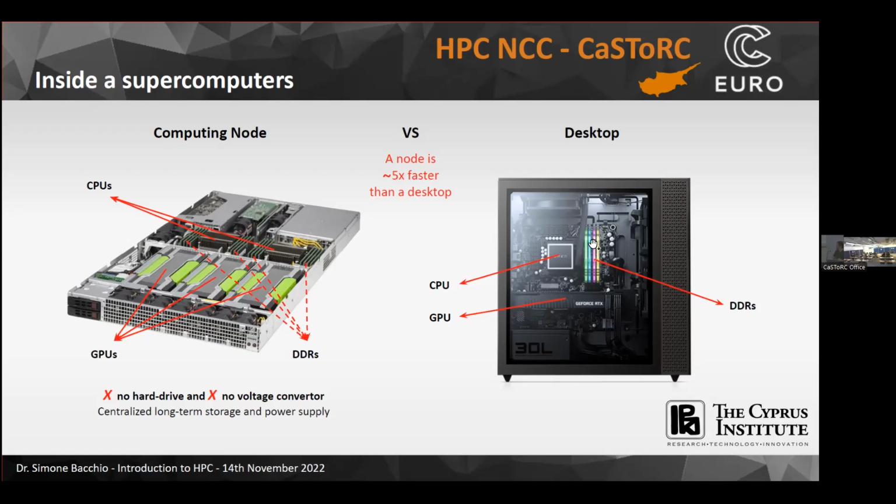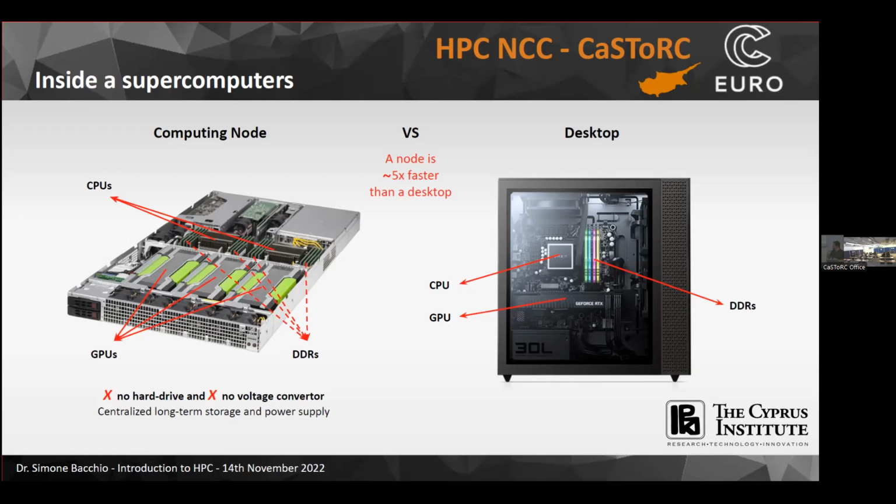Then we have RAMs, DDR memories, where the data are stored during runtime and processed. Many devices may have also a GPU, which is a graphic processing unit, and is specialized for, as the name says, graphics, but nowadays it's very important also for calculation on data. And then we will have also some power supply, and some memory storage, some SSDs or hard drives.